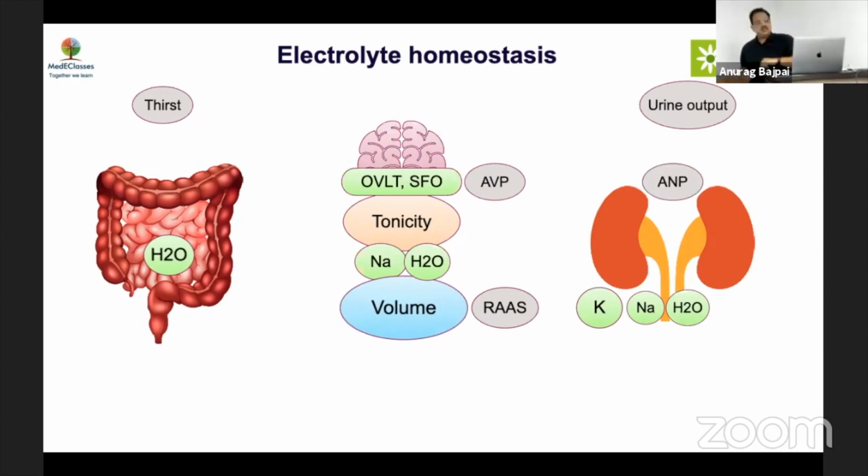This is the atrial natriuretic peptide, which says, okay, too much water, get it out of the system. So if your ANP becomes more, you will lose more sodium, you will lose fluid, and it will suppress your aldosterone. So all these mechanisms work together. RAS and AVP work together, and ANP is a contrary hormone which is suppressive.